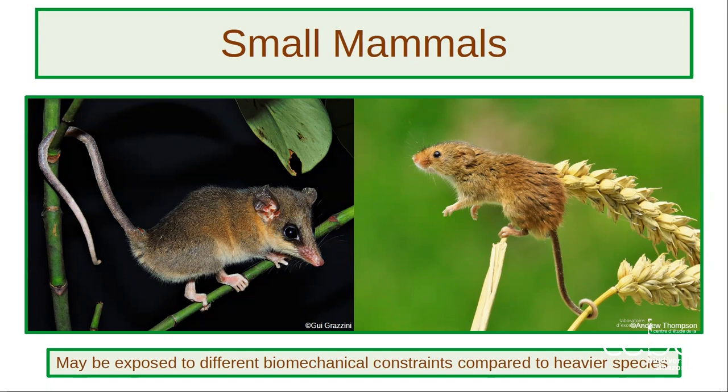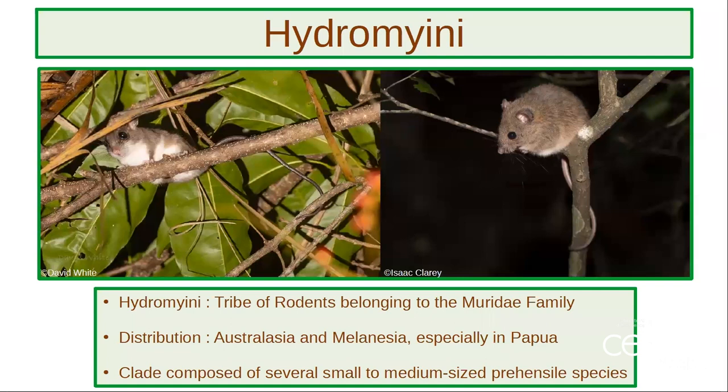However, the taxa included in previous studies are often medium to large arboreal mammals, and small mammals have never been included in such analyses. And for this part, I will step aside a bit from the neotropics and focus on a tribe of rodents, mainly located in Papua and Australia, the Hydromini. And I will take this opportunity.